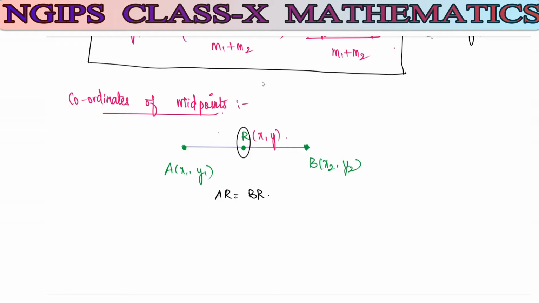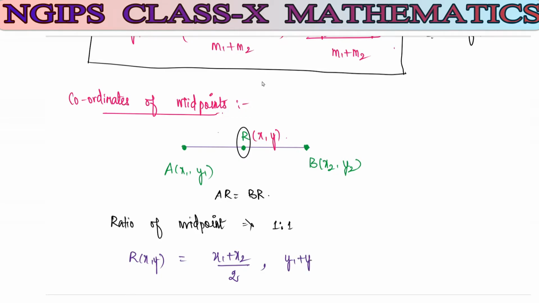The ratio of a midpoint is always 1:1. The formula to find the midpoint is R of (x, y) equal to (x1 plus x2) divided by 2, comma, (y1 plus y2) divided by 2. This is the formula to find the midpoint of the coordinates.